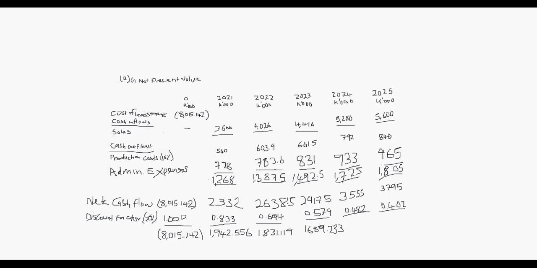We are going to have 1,713.51. Lastly, 3,795 multiplied by 0.402, and the answer is 1,525.59.